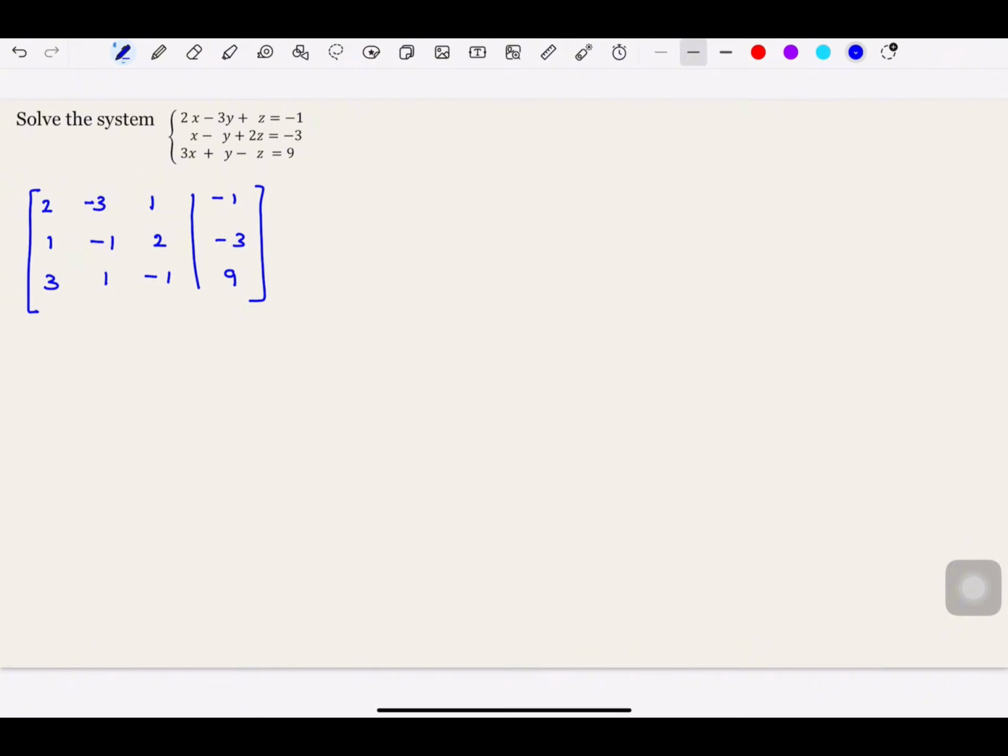Okay, the first step, as we know, is that we should have a one for the first entry. To get the first row to have 1 in the first column, we can interchange row 1 and row 2, because in row 2 we have 1 in the first entry.